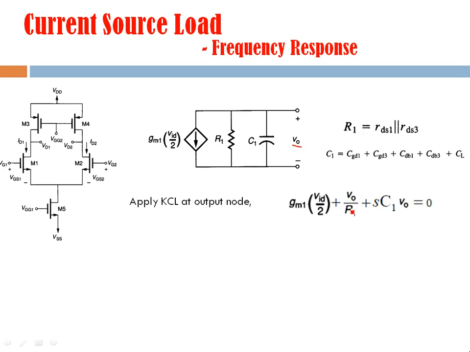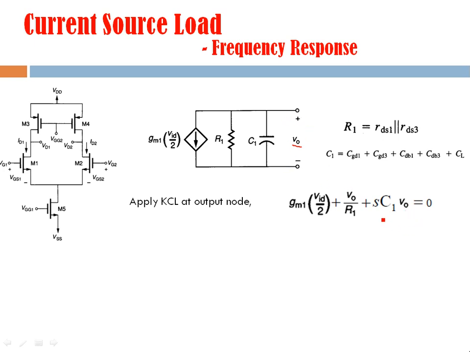So V0 divided by R1, and the current in this branch will be given by V0 divided by the capacitive impedance, and the capacitive impedance, you know, is 1 by SC. So that will come here like this, or you can say it's the admittance multiplied by the voltage across this terminal.